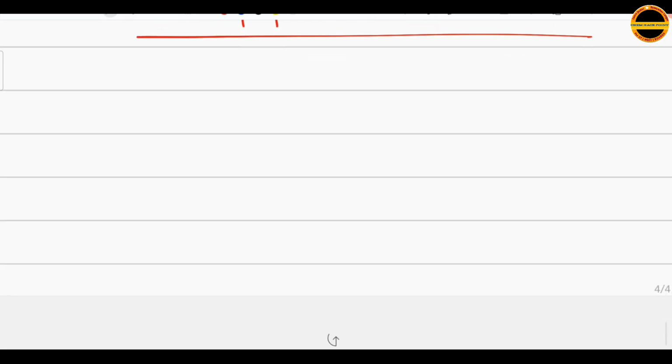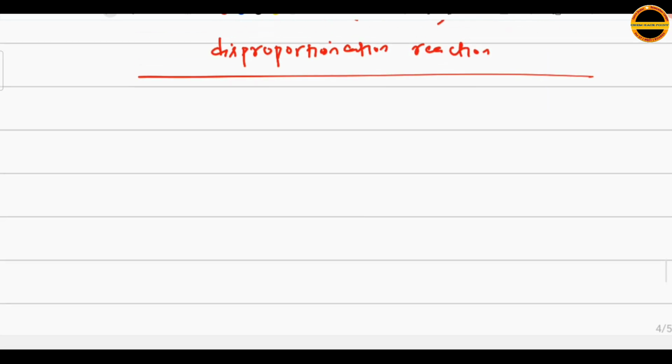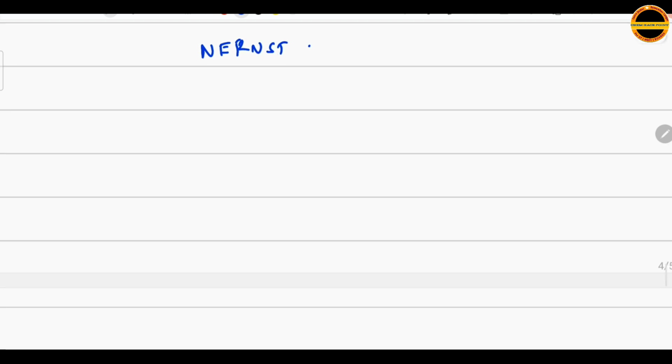Next, moving further, the highest weightage from this chapter, that is the Nernst equation. Most of the topics in this chapter are related to the Nernst equation, so keep heading Nernst equation. What is the use of the Nernst equation?